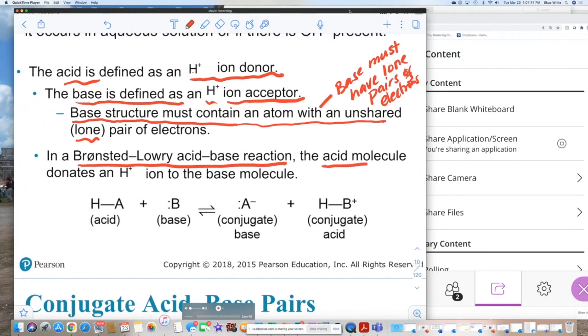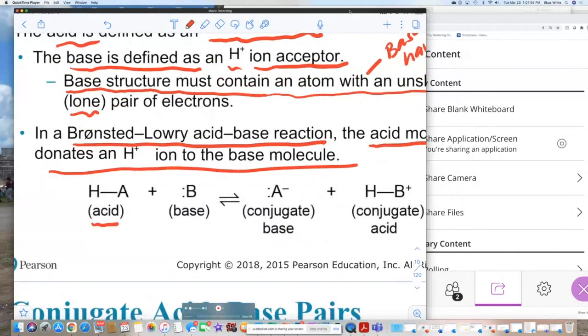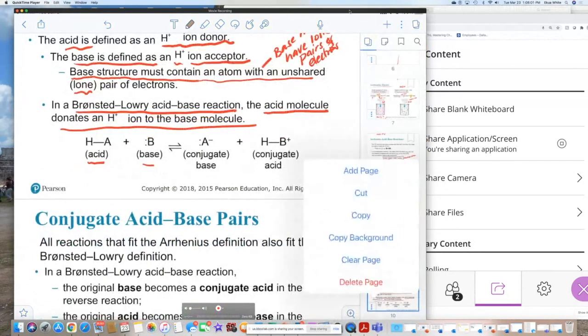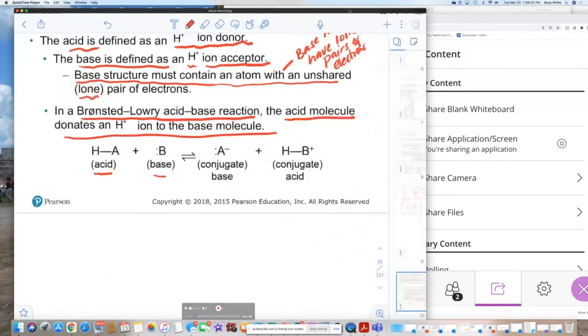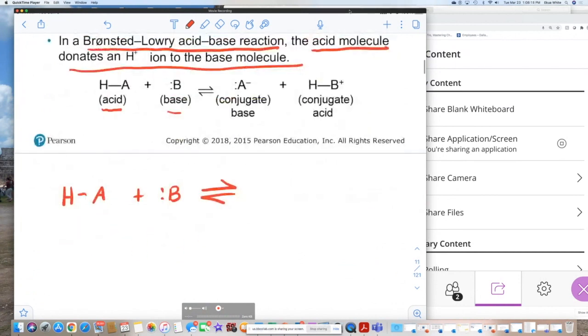So we're going to identify the acid molecule and the base molecule, right? According to the definition. Okay, they told us this is an acid and this is a base. So let me go ahead and see if I can add a page down here so we can see. So we have HA. Of course, they already have the label, acid, and then this is a base, and then they show us the products. So here's the thing.